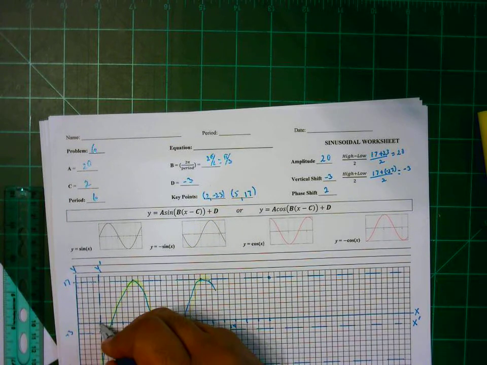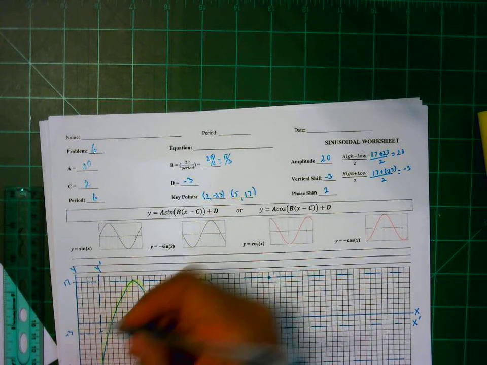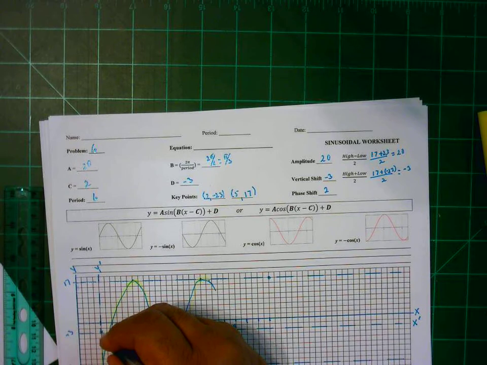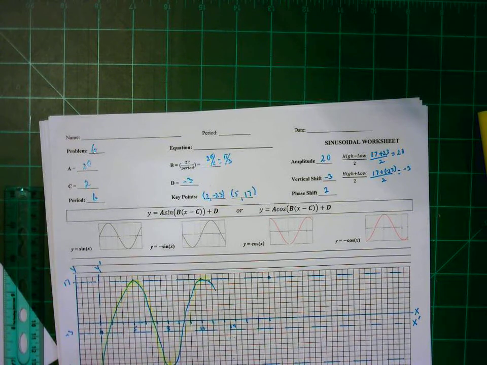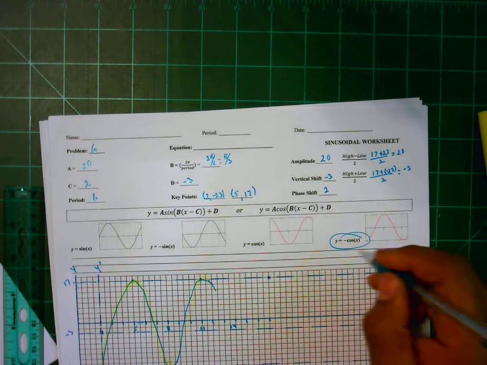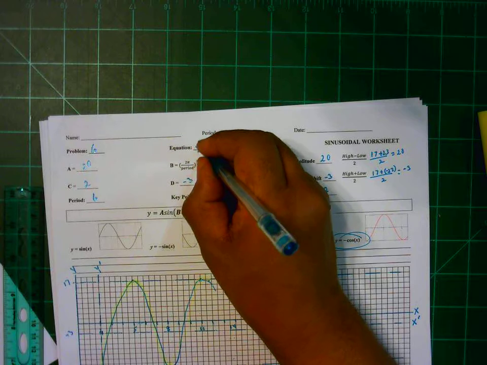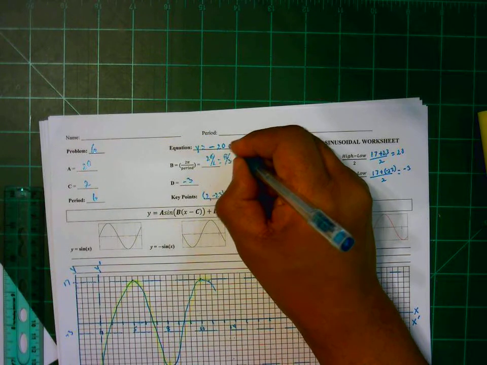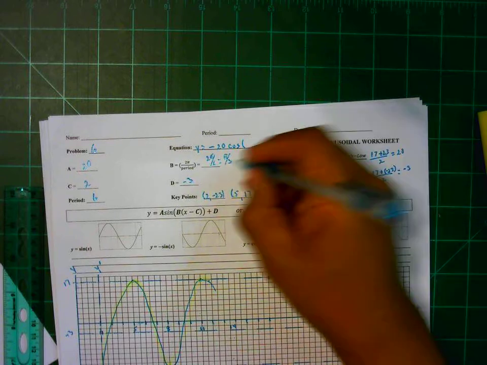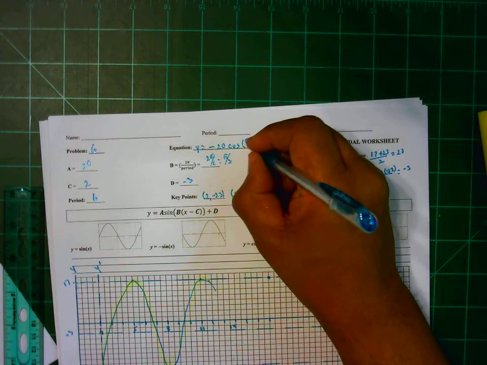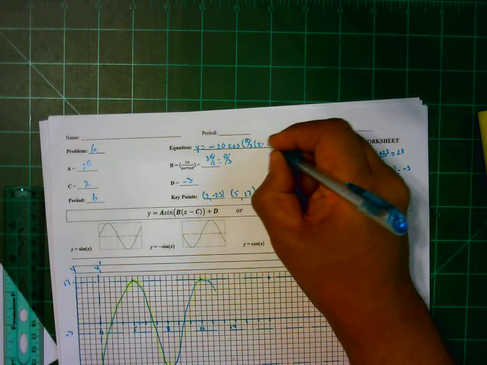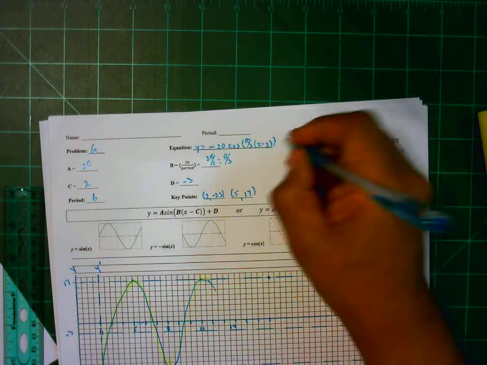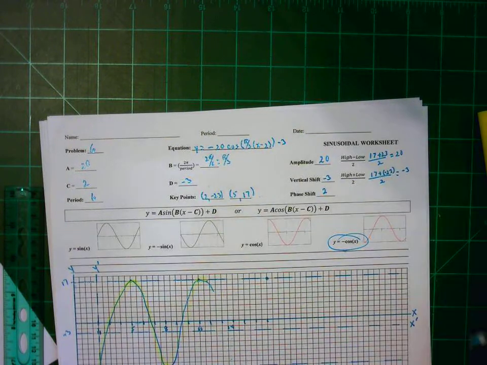Now if we look at our graph relative to this new origin here, it's not sine because it would start here if it were. This is negative cosine, so we're going to use this. So y equals negative 20 cosine of pi over 3 times x minus 2, minus 3.